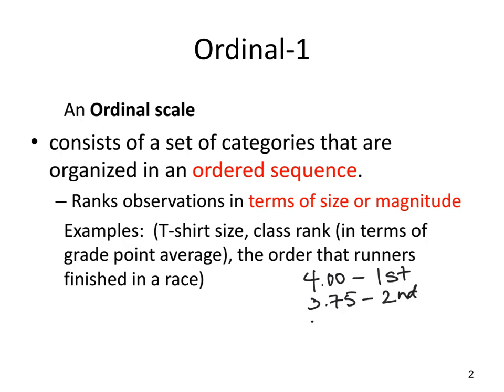And then let's say the third GPA was 3.25, so they would be third. So we have the rank order of first, second, and third. Important to note that the difference between the first and second is a difference of 0.25. The difference between your second and third rank is a difference of 0.50.